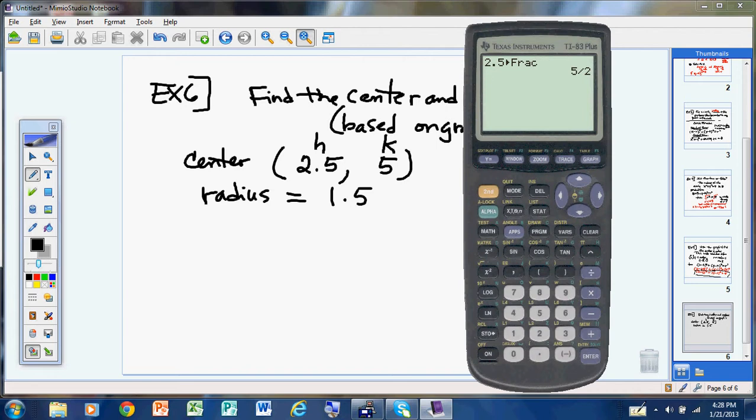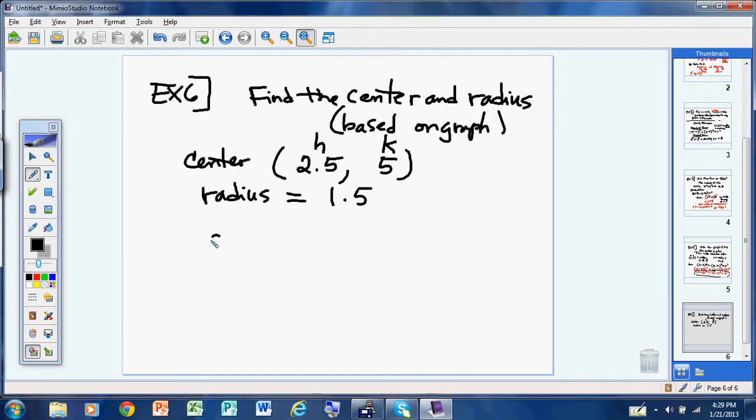Okay, notice that it changed at that point. So now our center point would be written as 5 halves, 5, and then the radius.